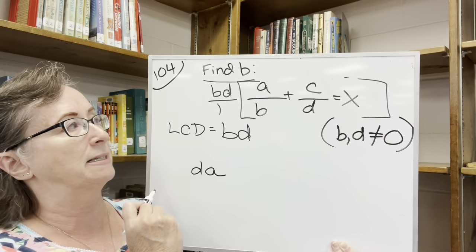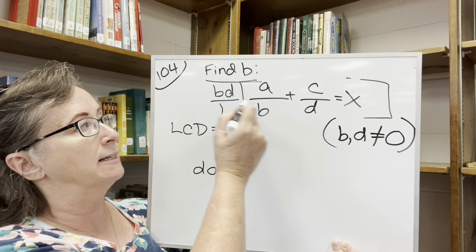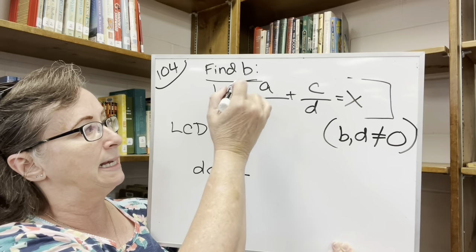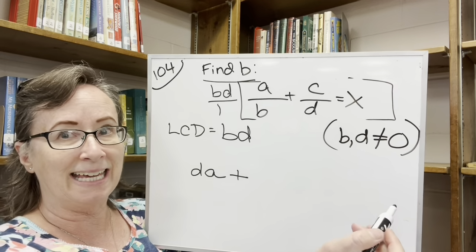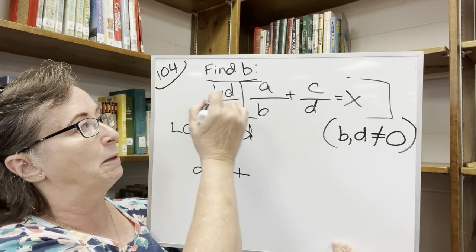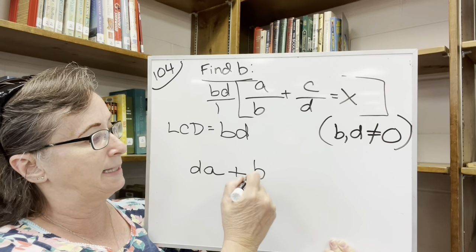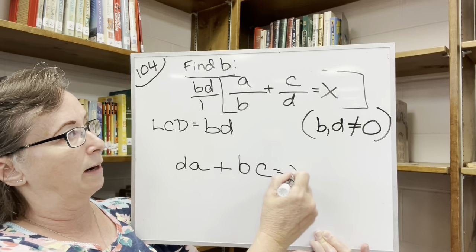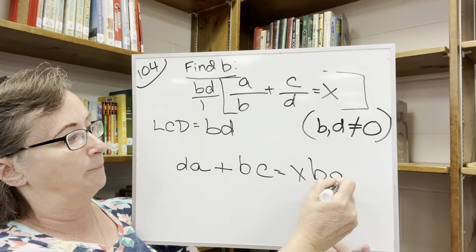It really doesn't matter. And the b is gone, so there's no denominator, plus bd times c over d. The d's will cancel, leaving me with b times c, or bc, equals x times bd, or xbd.